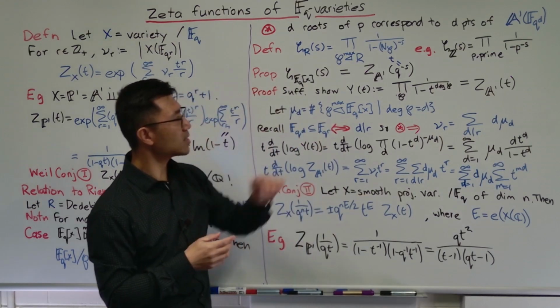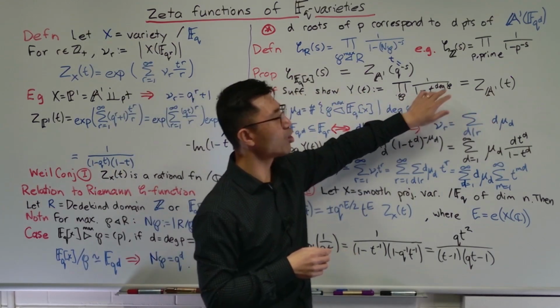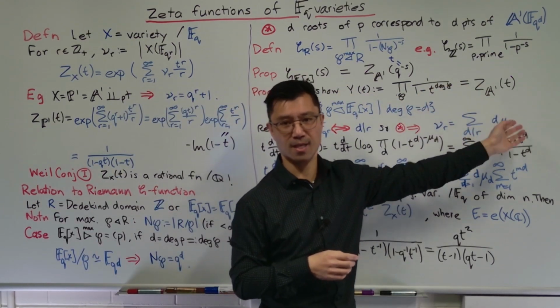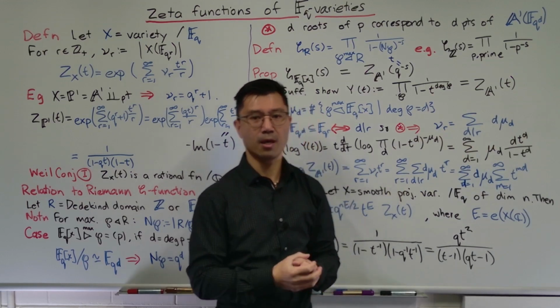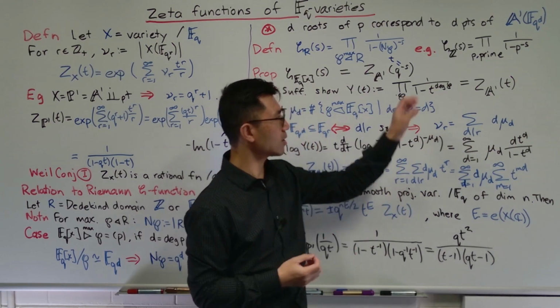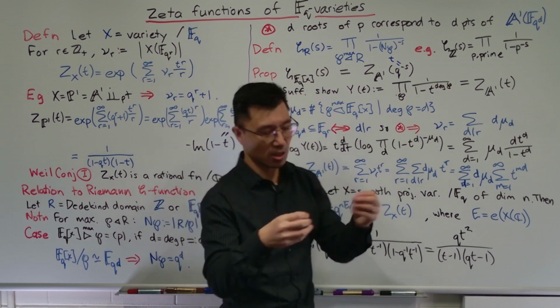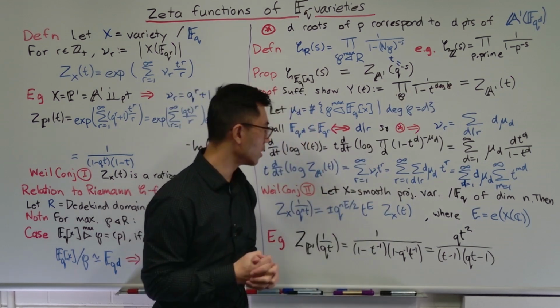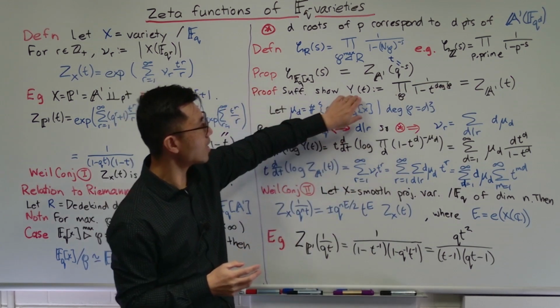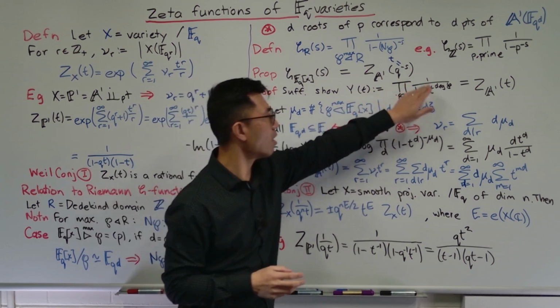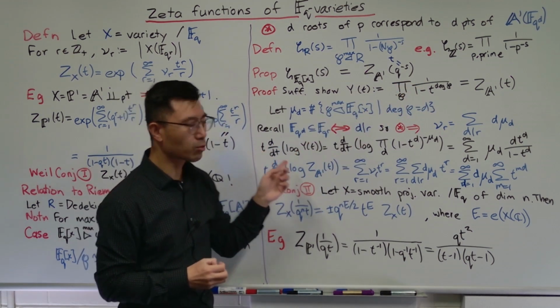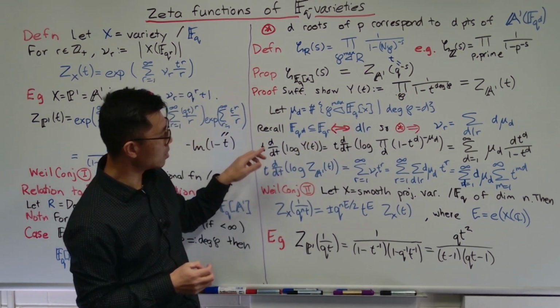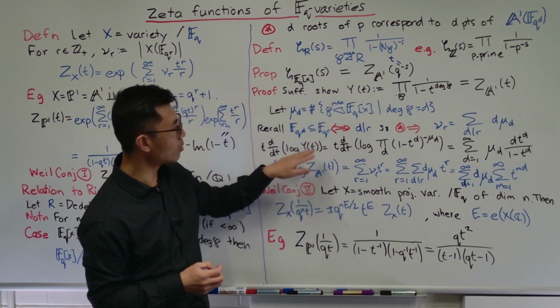So the way we're going to do this actually is we're going to take what's called the logarithmic derivative of both sides here, show that they are the same, and then of course you can integrate back to check that they're the same just by checking in fact the constant term. Okay, so let's look at the left hand side here and take the logarithmic derivative of this. Okay, and the logarithmic derivative, actually I'll multiply by t as well, so it's t times d/dt of the logarithm of y of t.